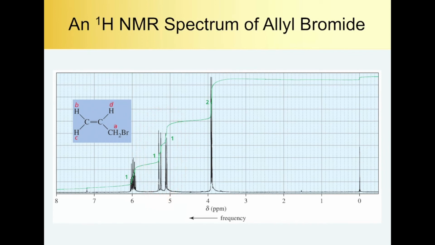Because this is geminal coupling, you will not be able to see the actual doublet of doublets in here. The coupling constant is going to be really small, so you might just see a doublet. So this is for the B proton, and this is for the C proton. If you blow up the spectrum, you should be able to see the doublet of doublets.